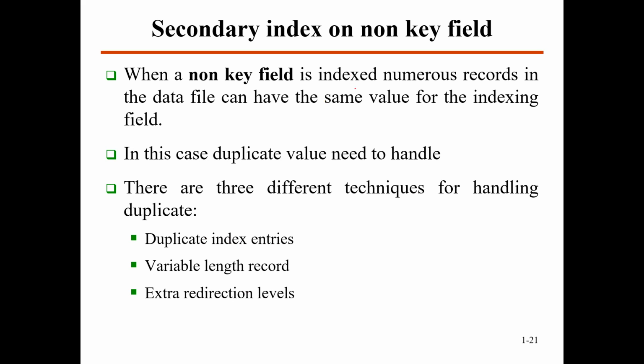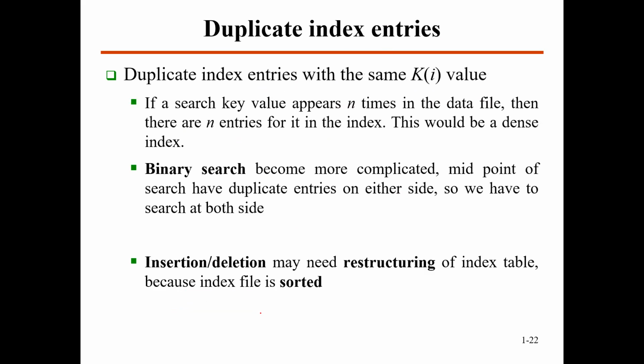Secondary indexes on a non-key field will give many link connections. So when a non-key field is indexed, numerous records in the data file can have the same value for the indexing field. In this case, duplicate values need to be handled, and they are handled in one of three ways: with duplicate index entries, variable entries, and extra redirection levels.